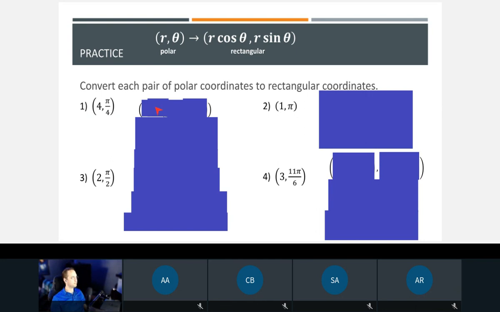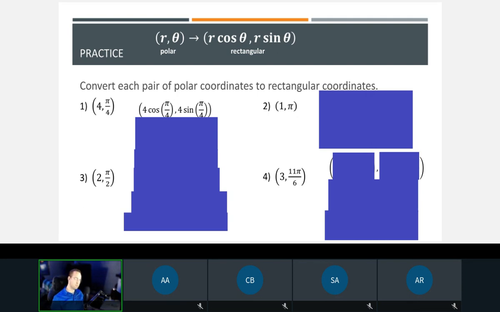Go ahead and write that down. All right, so we should have 4 cosine of your theta, and then 4 sine theta. Nothing special in this setup.